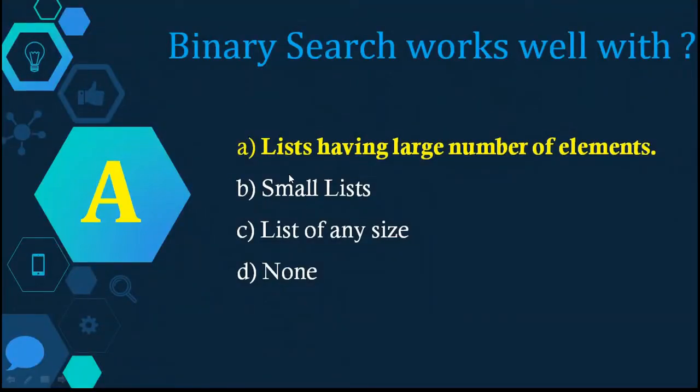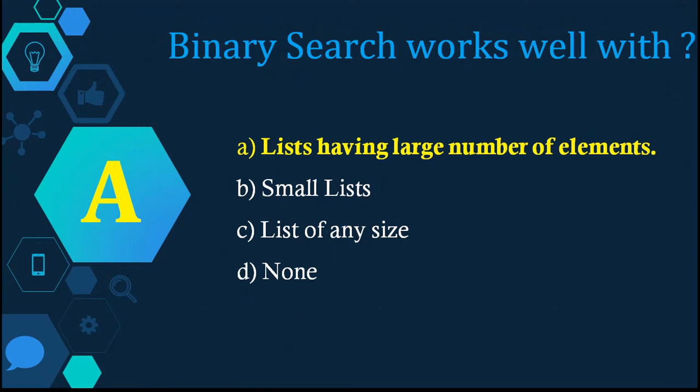So binary search works well with lists having large number of elements, right? Because the time complexity of binary search is log n base 2. So when the number is very high also, still after calculating the log, the number of comparisons here will be less.